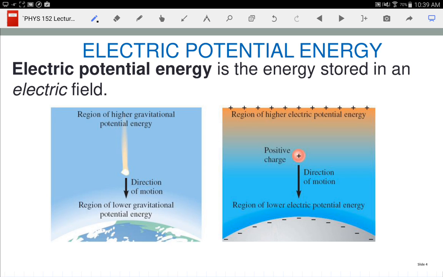So the electron would do the opposite thing that a proton does. As it flies away, what's happening to its kinetic energy? Well, kinetic energy doesn't have direction. It's increasing. So if its kinetic energy is increasing, what's happening to its potential energy? Decreasing.